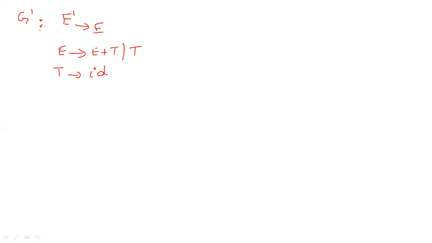E dash implies E. And here we are going to start producing LR(0) items. So we are going to construct the LR(0) items. For constructing these LR(0) items, we should know one thing. Let us take a fresh page.